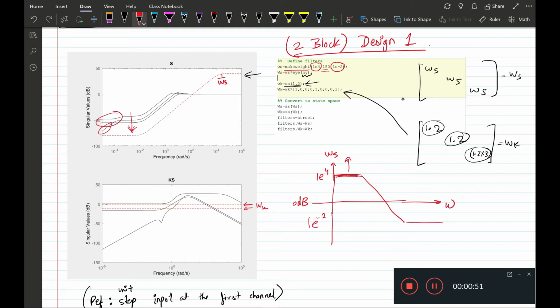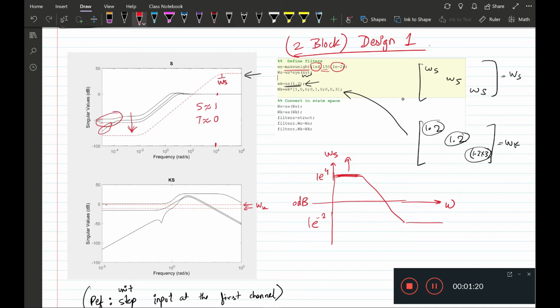If we inject a noise of about 10 to the 4 radians per second, the error, which is the output of the sensitivity, would be, so S is almost equal to 1, which means that T would almost be equal to 0, because we have that S plus T is identity.